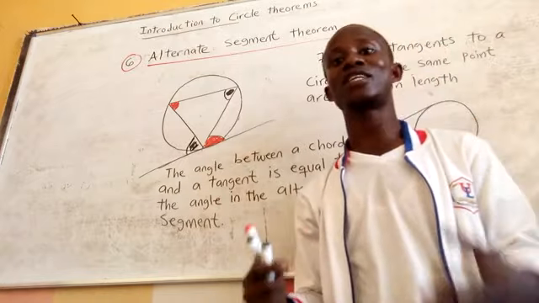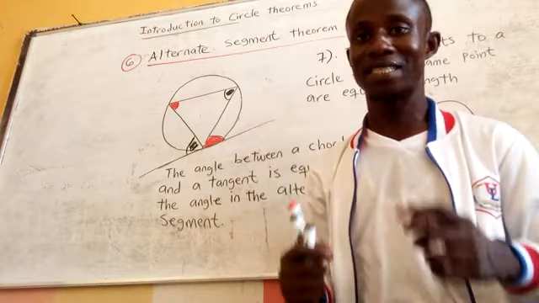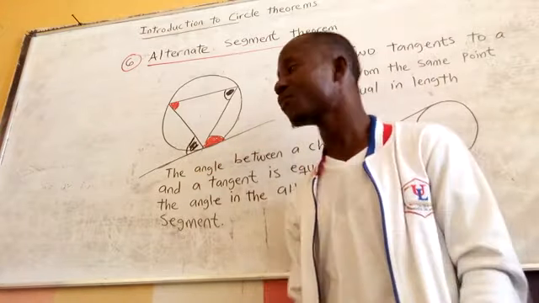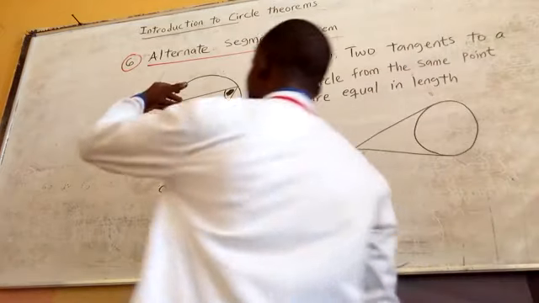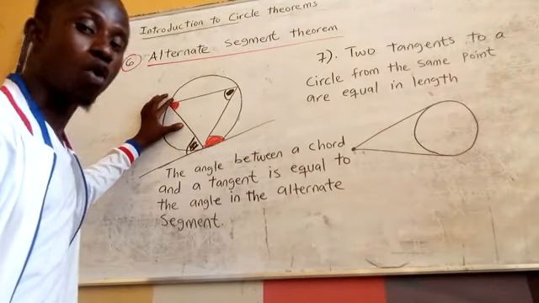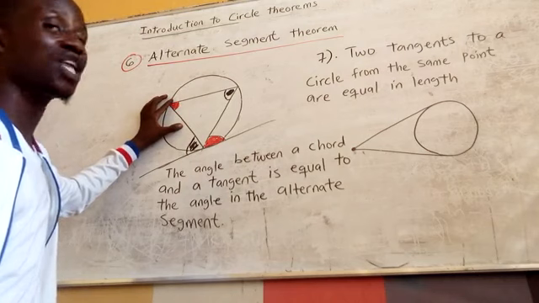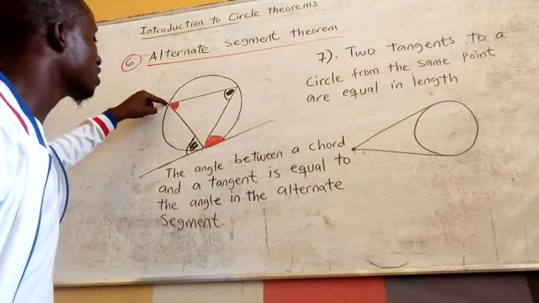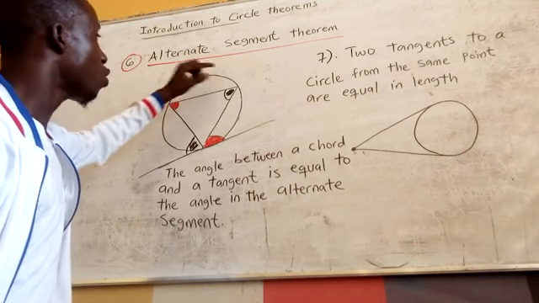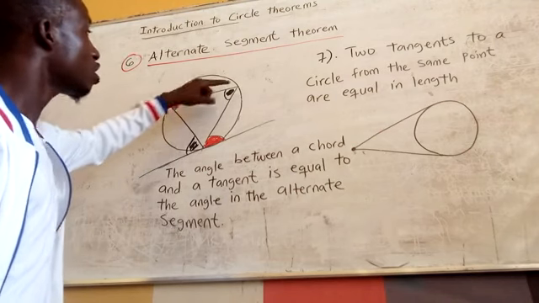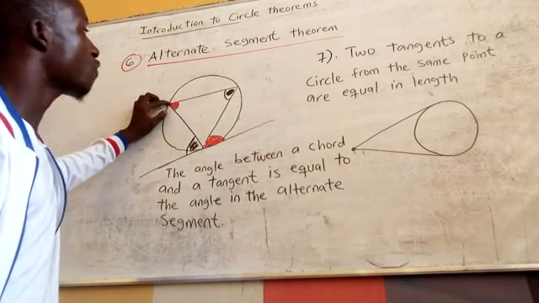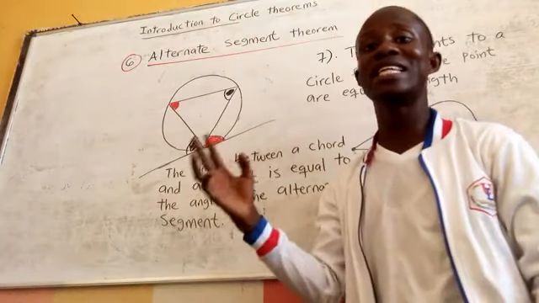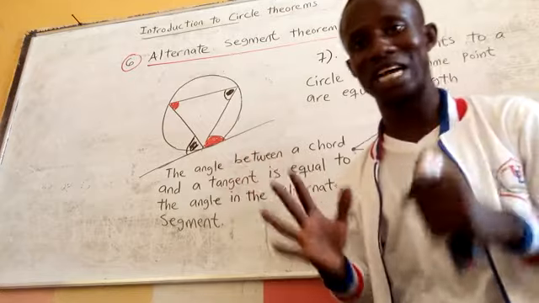In order to identify the alternate segment theorem, first and foremost, you should have an inscribed triangle, a triangle that is formed within a circle and touches the circumference of the circle. So each point of the triangle should touch the circumference of the circle. When you have an inscribed triangle, the next thing to check for is your tangent line.